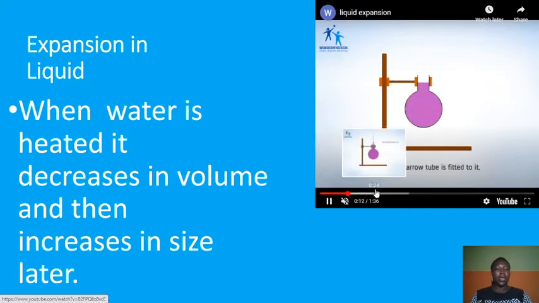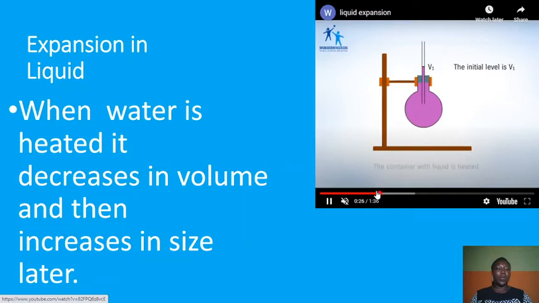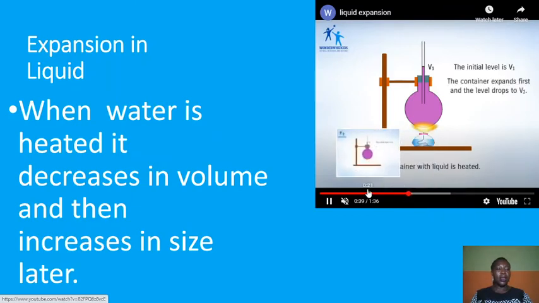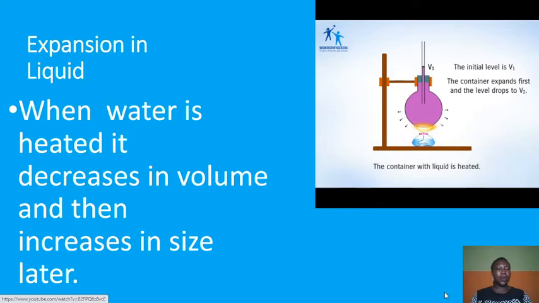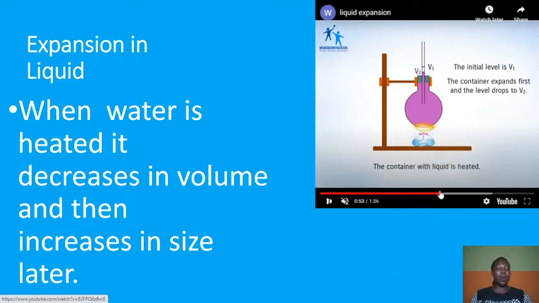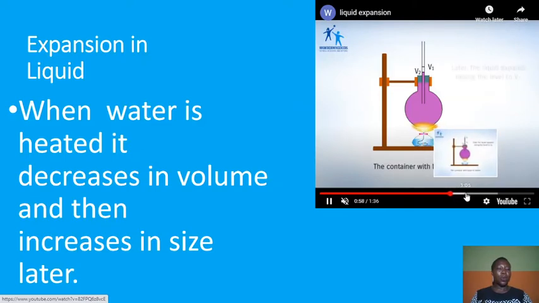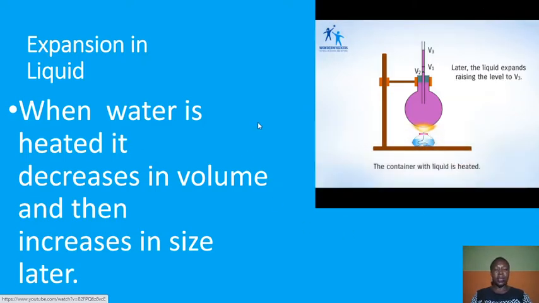As heat is applied to it, we see that the container expands and the volume of the water initially decreases and begins to rise. You can see when heat is applied to it, the container expands first and the level drops to V2. And as the temperature rises, the volume also increases.